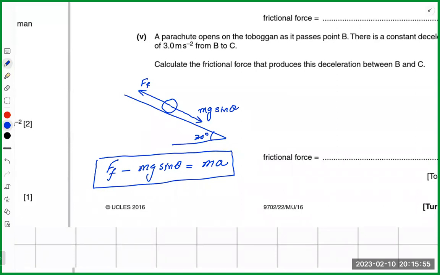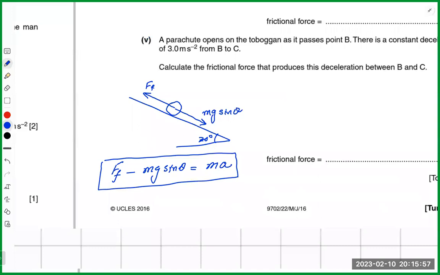So first, calculate change of kinetic energy.